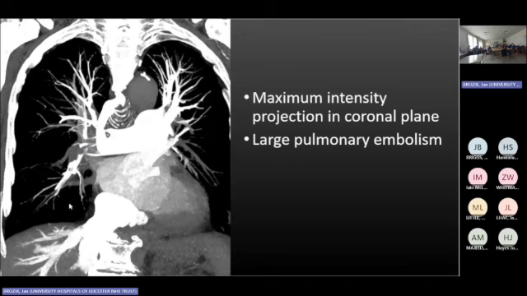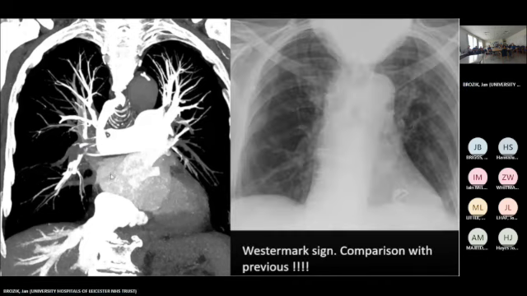So that's great. However, when we looked at the X-ray, this is Westermark sign. And there's no perfusion. So even from a chest X-ray, ideally we should compare if we have previous, and we suddenly see there are no vessels. This is PE. So yeah, I'm not saying chest X-ray can replace CTPAs. No, but you can get that information as well.